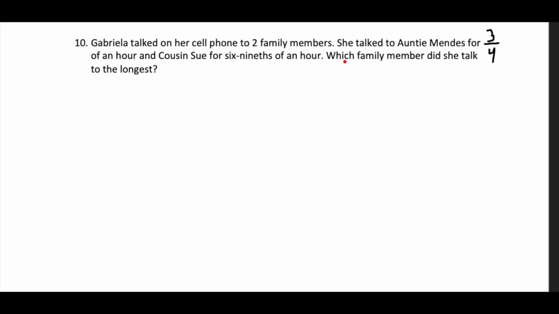All right, so we know right now we have 2 fractions. We have 3/4 of an hour, and we're looking at 6/9 of an hour. There's 2 family members. We're trying to find out which one she talked to the longest. So we have 3/4, and we have 6/9.